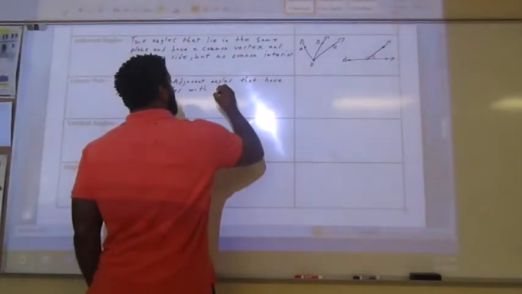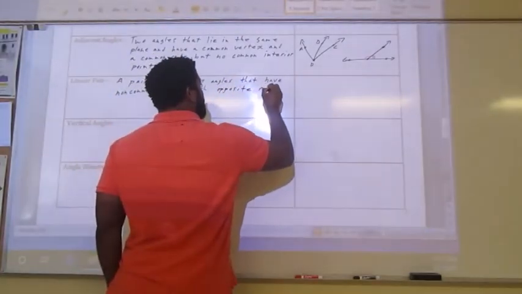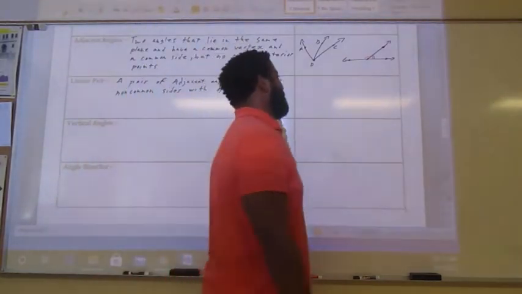Opposite rays. What does this mean? Well, it's pretty much the picture I just drew.